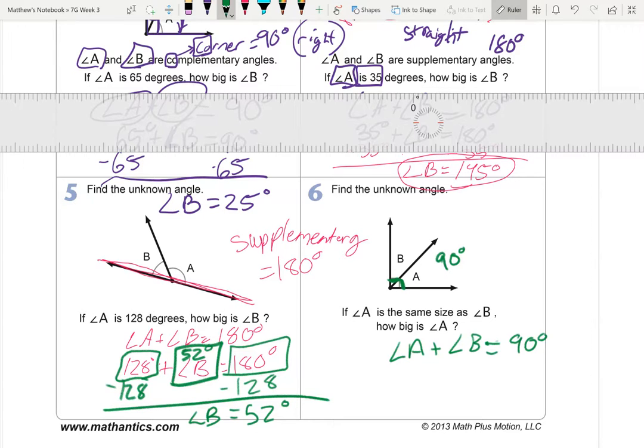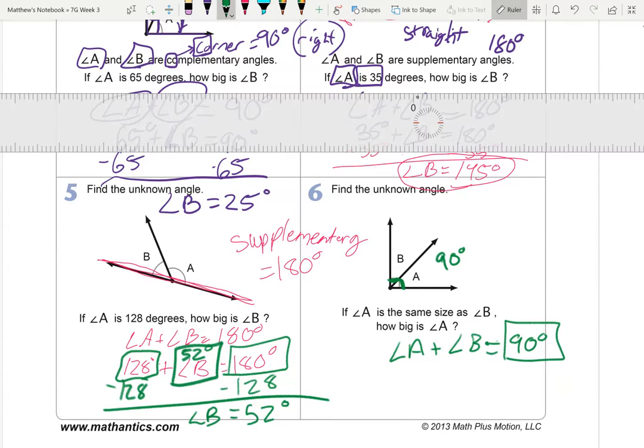Well, if we know that together they equal 90, we can take 90 and divide it by 2. All right?